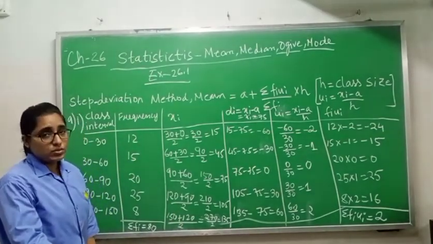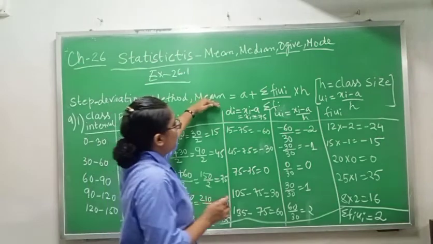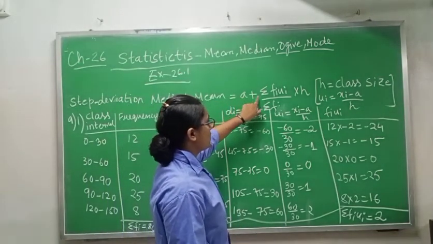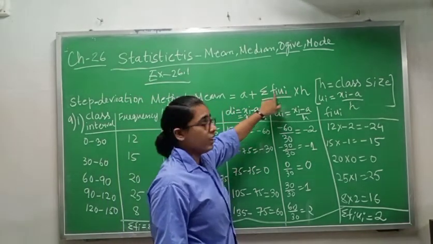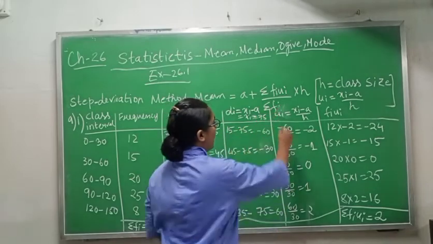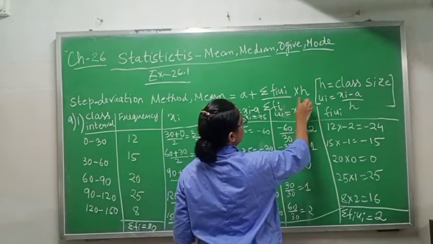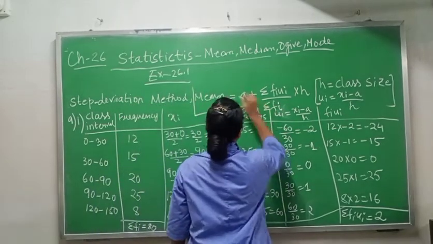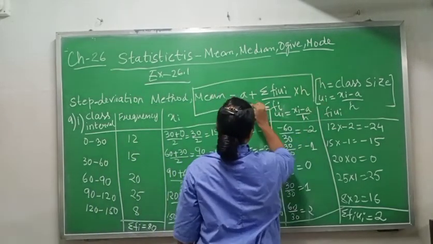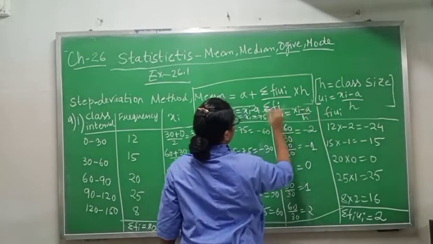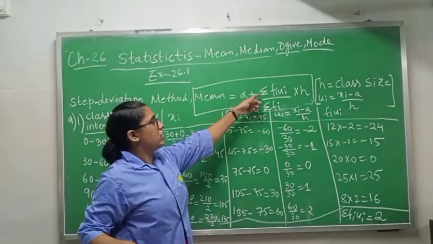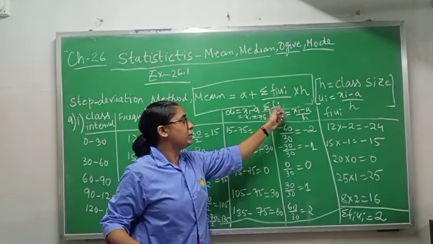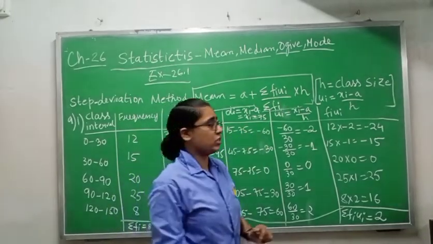When you use this method, the mean formula will be A plus summation of fiui by summation of fi, into h. So for finding the mean, the formula will change, and the formula is this: A plus summation of fiui by summation of fi, into h.